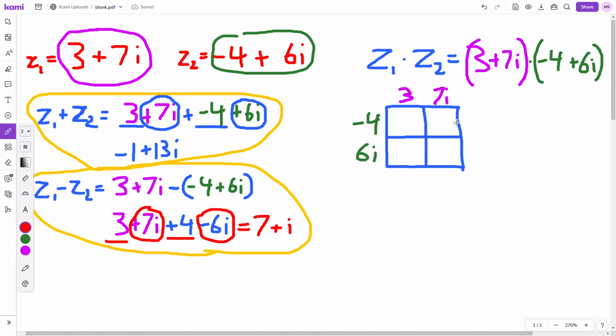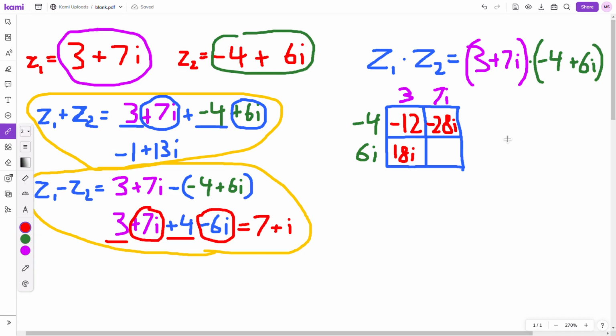And now we start doing math. Minus 4 times 3 is minus 12. Again, always please work out these problems before I do them. Minus 4 times 7i is minus 28i. 3 times 6i is 18i.